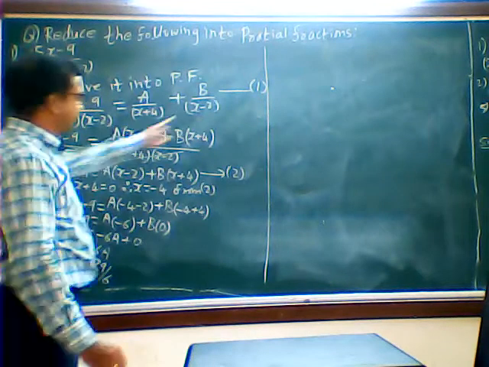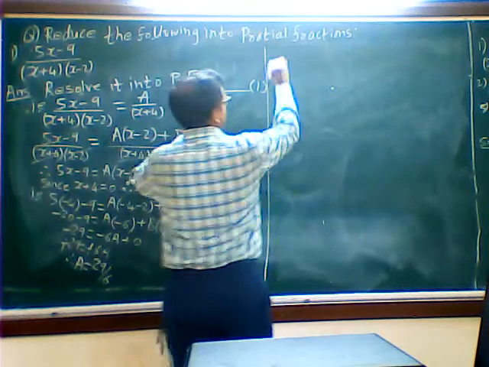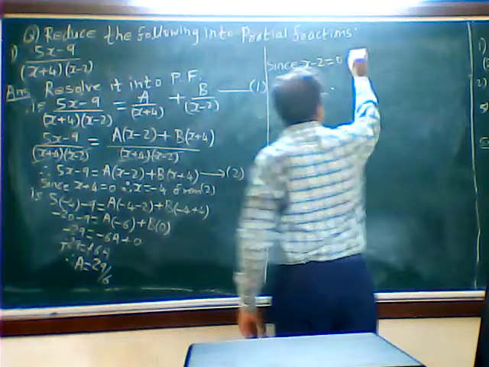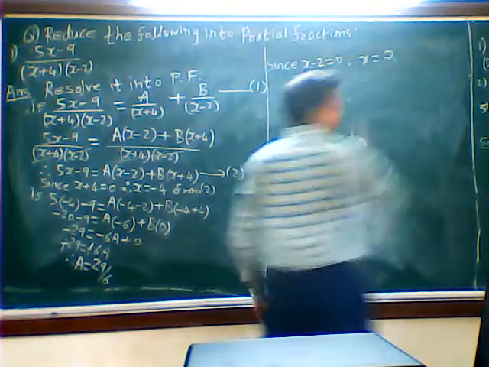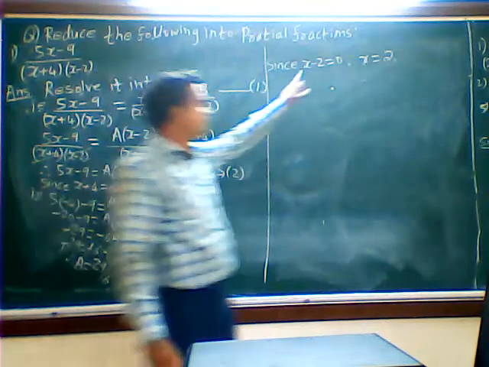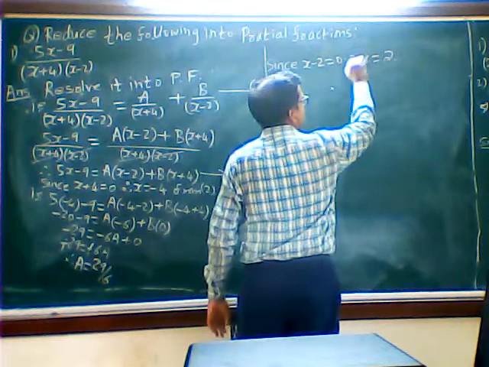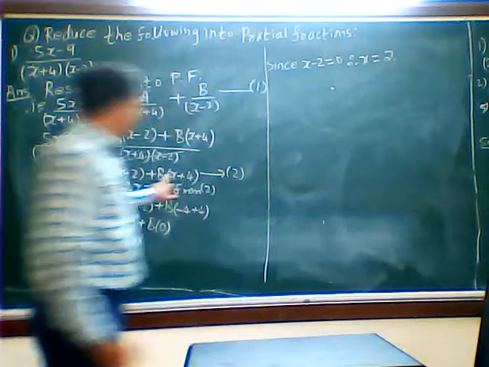Now since x − 2 is equal to 0, therefore x is equal to 2. I am equating x − 2 = 0, therefore x = 2. Again I will recall equation 2.